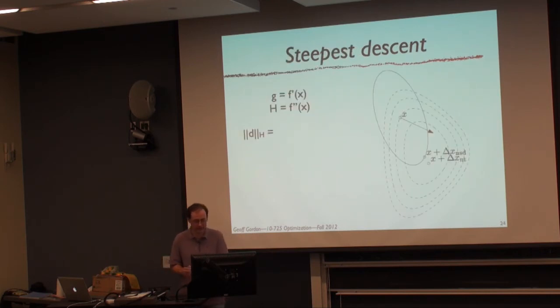So this picture is shamelessly stolen from the textbook. If you have some point x here, and you compute its gradient and Hessian, so here's the gradient, this is just a vector going off this way. And you define a norm, which we'll call the Hessian norm. You define the Hessian norm to be the square root of d transpose H d, right?